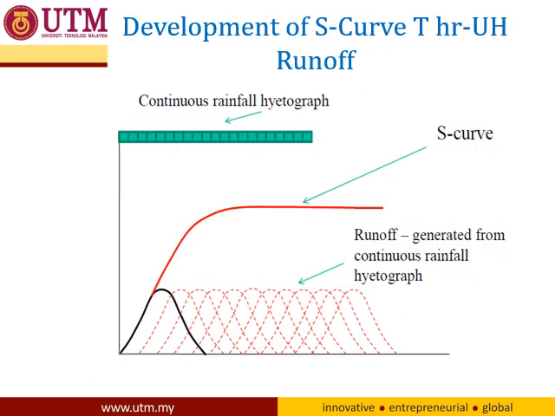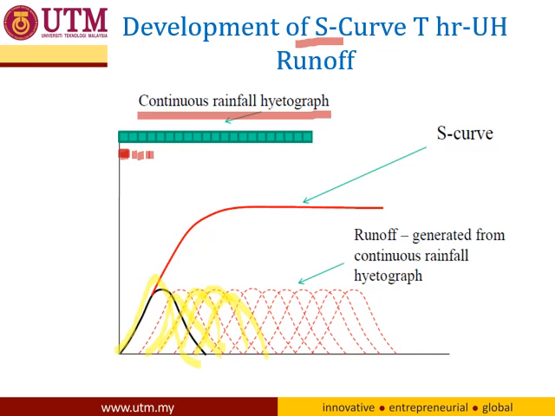Okay, so what is this S-curve actually? So the slide before is 1 unit. Let's say this red rainfall is a 2-hour excess rainfall. Okay. So what you do is you make it into a continuous rainfall hyetograph. So what you get is this kind of repetitive hydrograph, of the unit hydrograph.